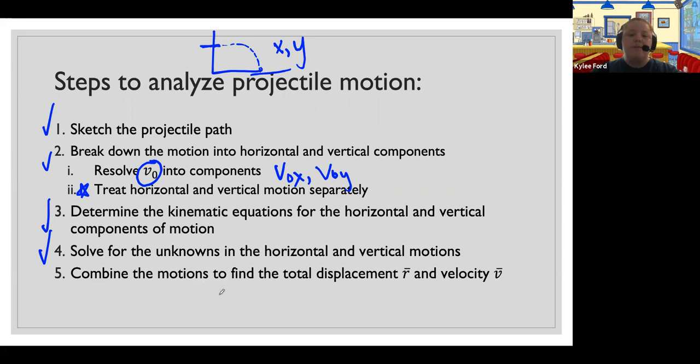And then you can combine those motions to find your total displacement and your velocity, and you can find your magnitude and your direction for them. And for your velocity, that may include some kind of theta as well.